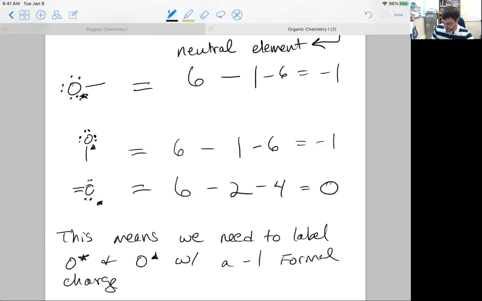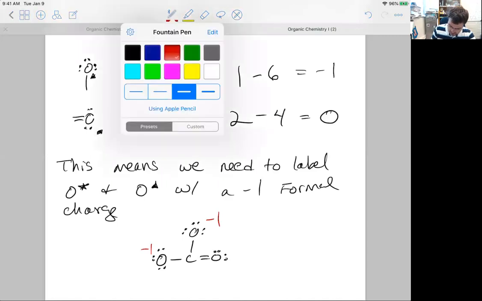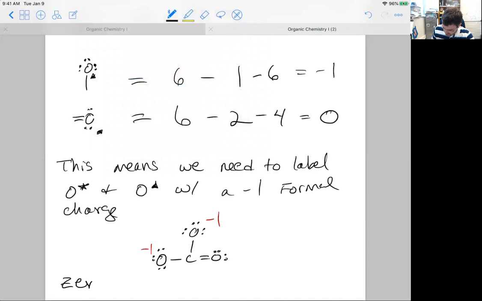So I handed you a structure of carbonate without formal charges, and then using this formula, which you should commit to long-term memory, you said to me, well, I need to add a -1 here and here because those have formal charges. 0 formal charges are not written.